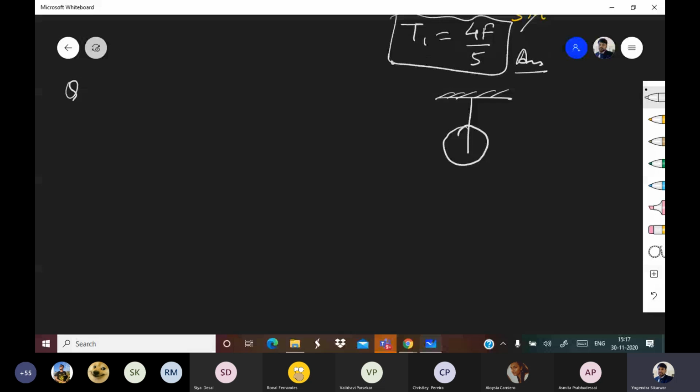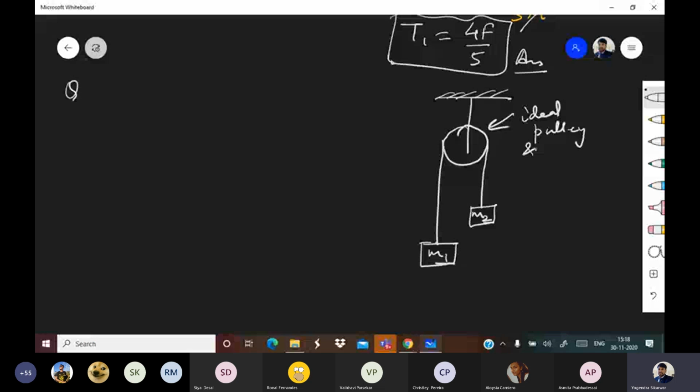This is a pulley. This is a block of mass m which is hanging, m1 basically. This is m1 and this is m2. Ideal pulley and string.